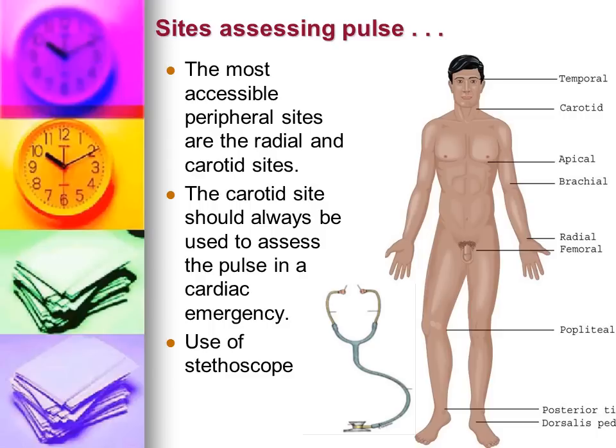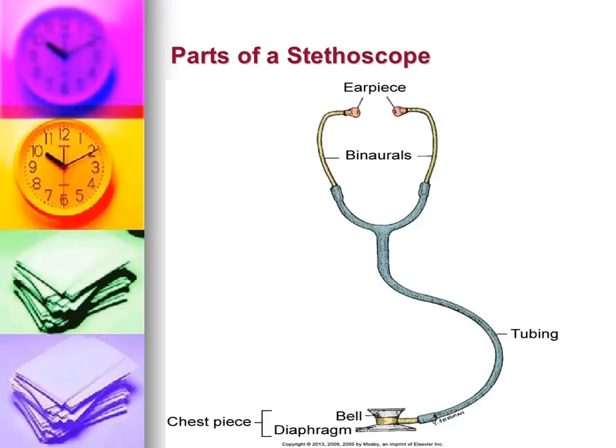The temporal, the carotids, the apical, the brachial, the radial, the femoral, popliteal, posterior tibial, and dorsalis pedis are all areas of pulse sites. Let's look at the parts of your stethoscope.